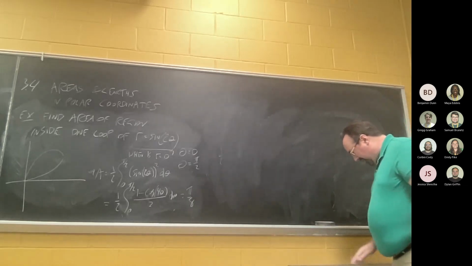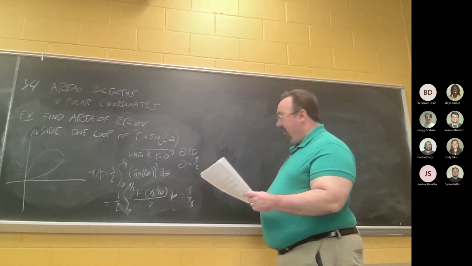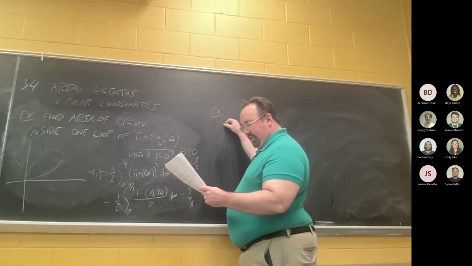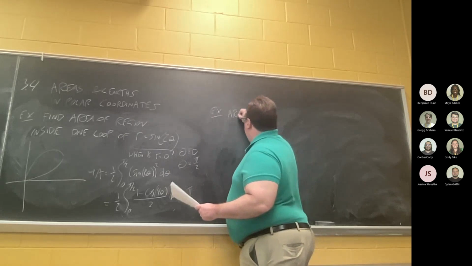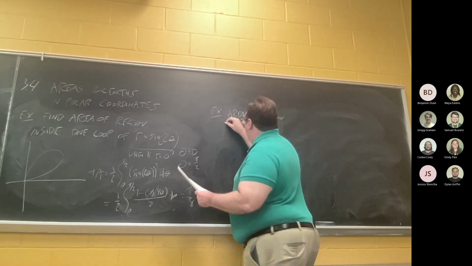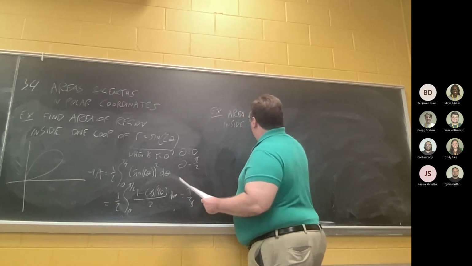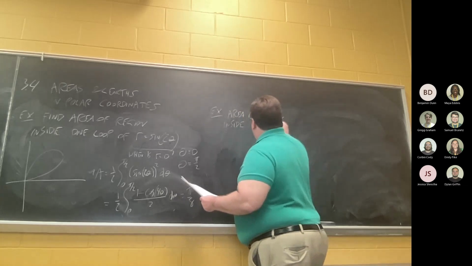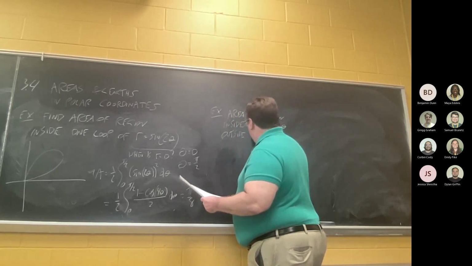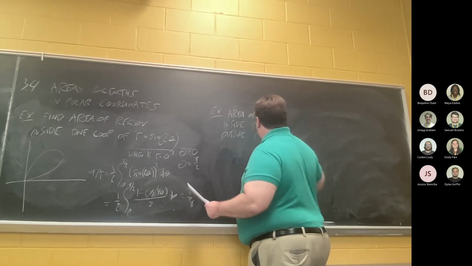Okay, 2 more examples of area stuff, and a little bit about arc length. I want the area of the region inside the curve r equals 3 cosine theta and outside the curve r equals 1 plus cosine theta.